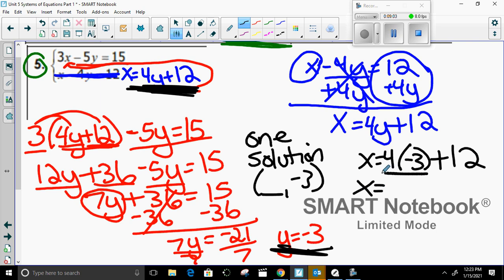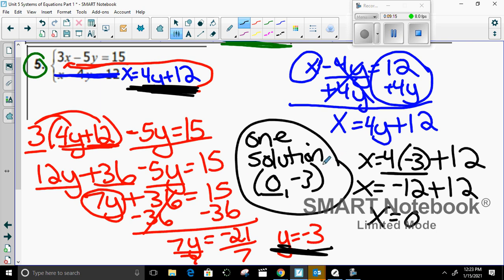I got to multiply first. So that gives me negative 12 plus 12. And negative 12 plus 12 gives me 0. So these lines, if I were to check on my graphing calculator, they would intersect at this point. Remember, checking yourself on a graphing calculator is perfect, but if this work doesn't match it, you're not going to get credit.